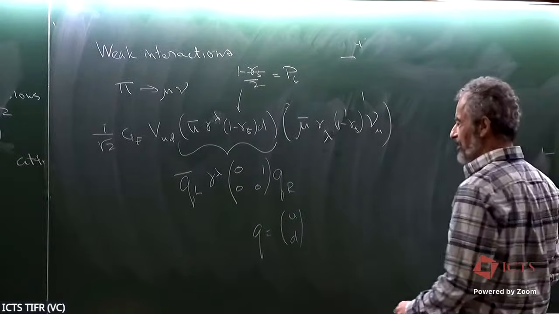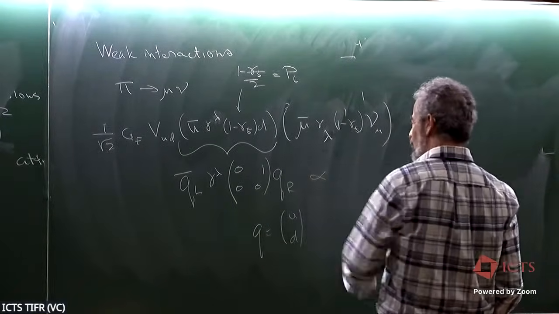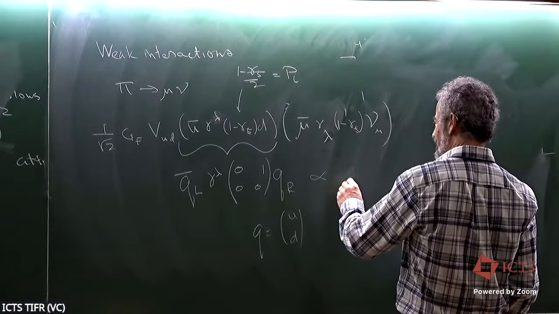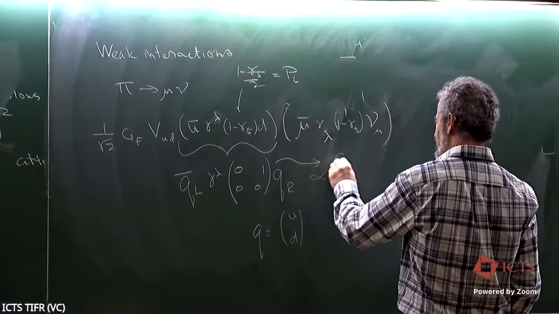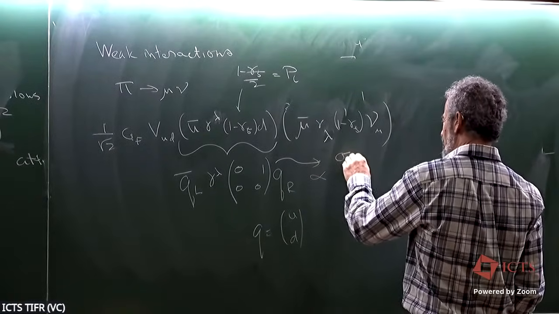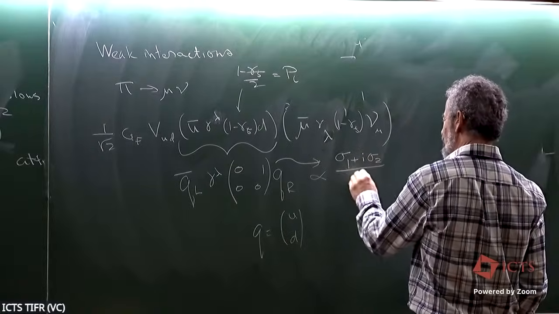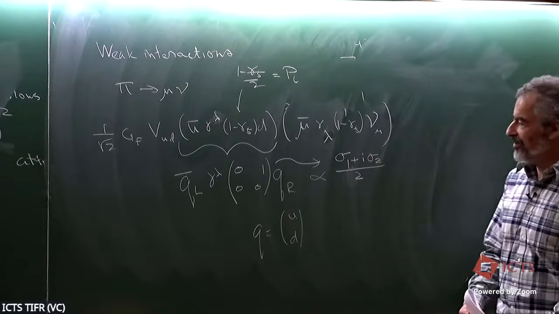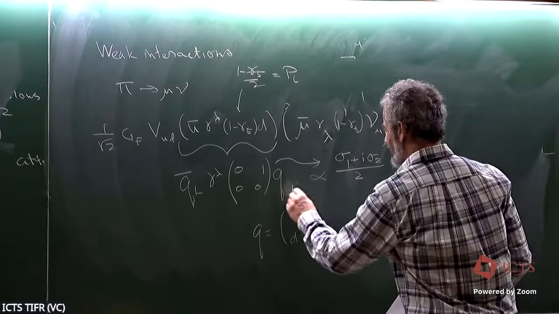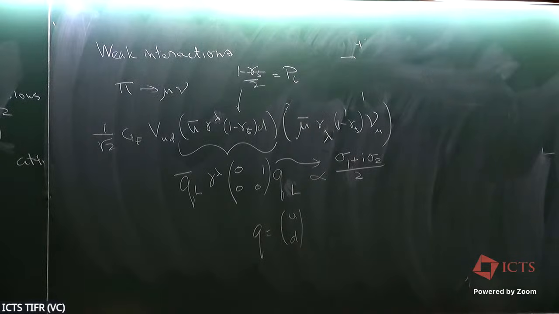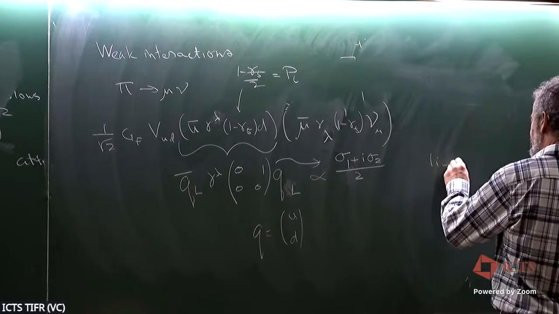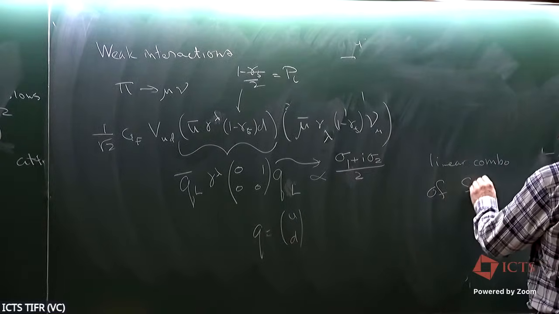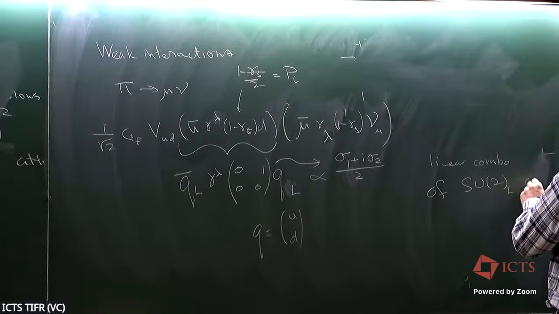And this current is one of the generators. It's a linear combination of this thing here, which is (σ1 + iσ2)/2. And so this is a linear combination of, oh, sorry, this isn't right, this is left, of SU(2) left currents.